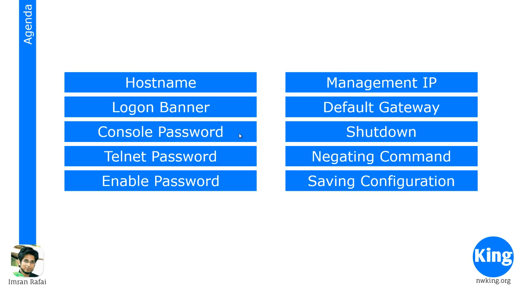I can put it onto GNS3 and emulate that IOS onto multiple instances of the same operating system. So I don't need to physically have 5 routers. I can have one router, use that operating system, put it onto the emulator, and have 5 instances of that. You will see that in later videos of this series.